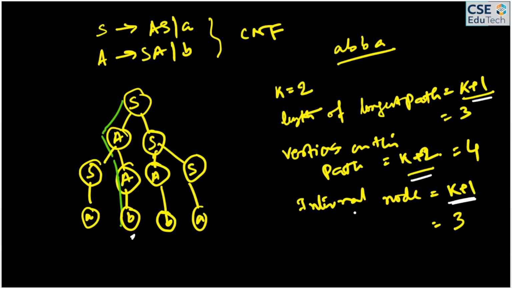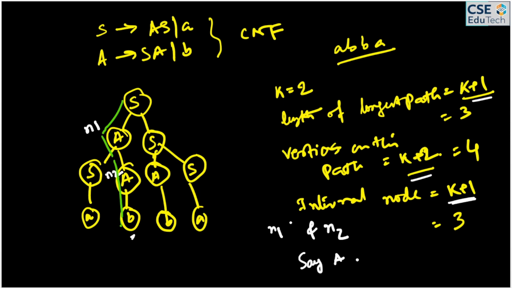Now there must be two vertices, say n1 and n2, on this path that have the same label, say A. We consider n1 and n2, and n1 is the ancestor of n2.